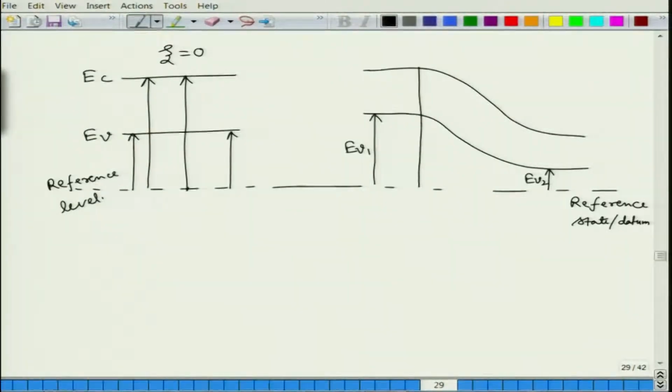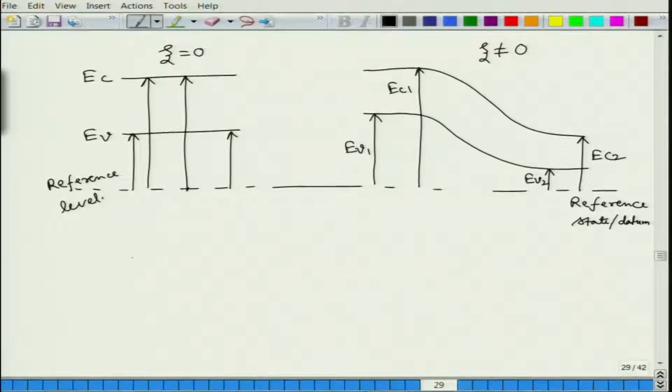Similarly, here EC1 is greater than EC2, isn't it? So, this has to be the case when xi is non-zero.